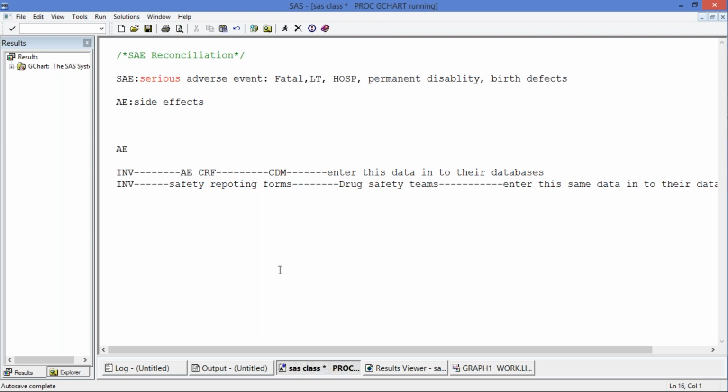So reconciliation is a process of cross-checking the data between two databases, two places otherwise.